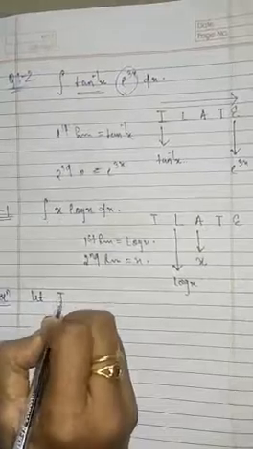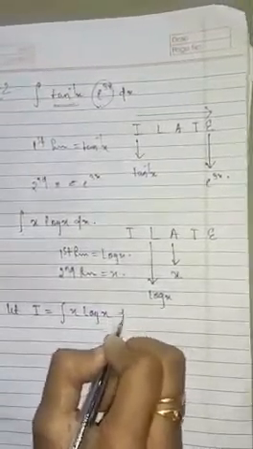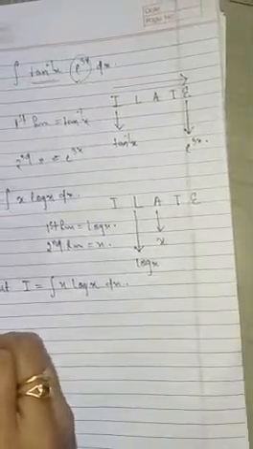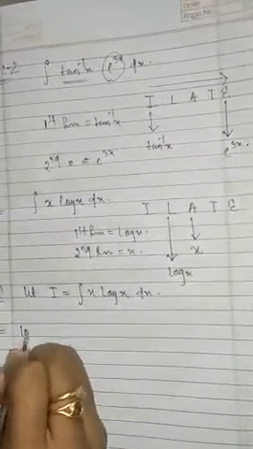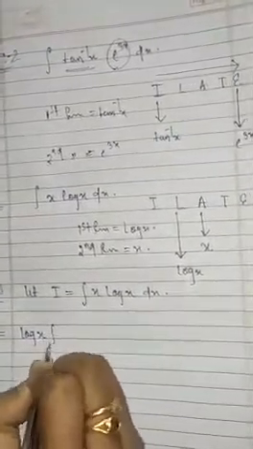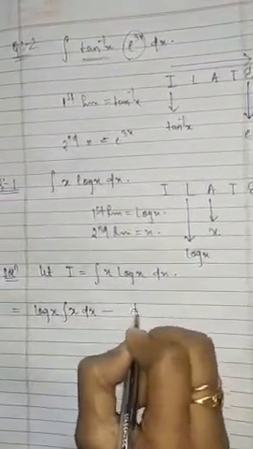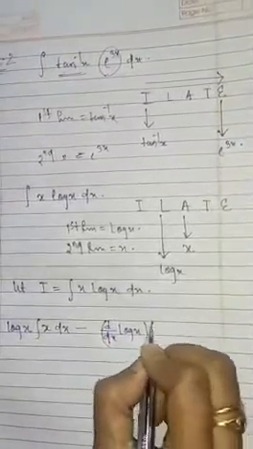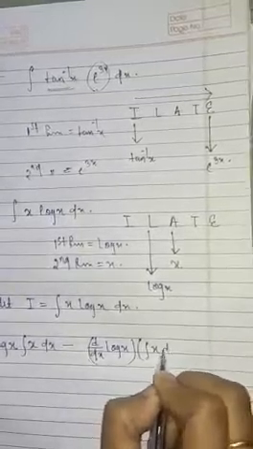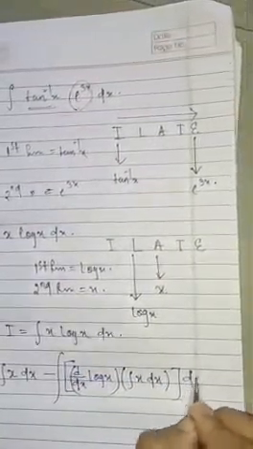Let I equal the integration of x log x dx. We know the integration by parts formula. The formula says keep the first function as it is, so keep log x as it is. Integrate the second function, that is integration of x dx, minus the derivative of the first function, that is the derivative of log x, times the integration of the second function, integration of x, and again integration of the whole product with respect to x.